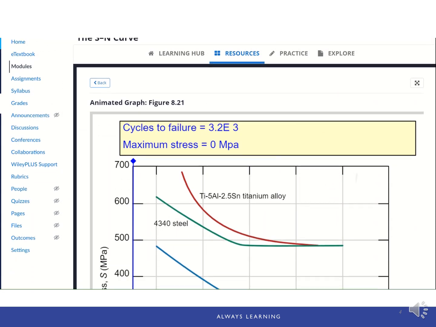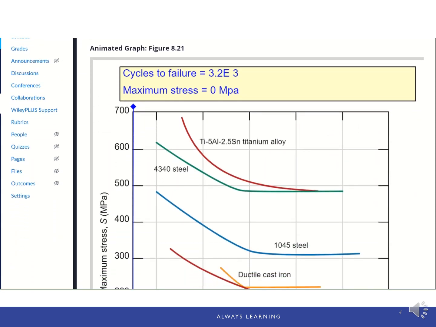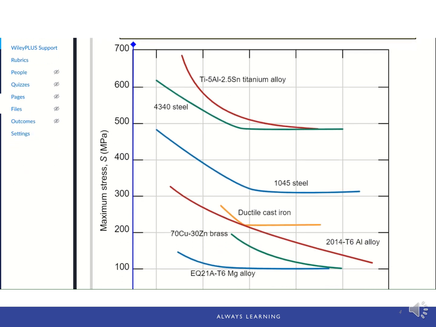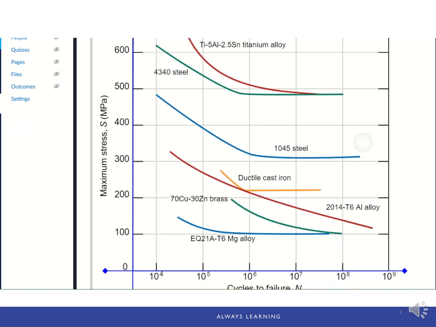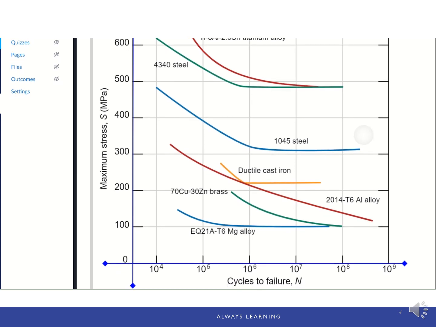Next, let's take a look at the animated graph, figure 8.21, to get familiar with the S-N curve for different materials. One thing we need to realize is the vertical axis, in this case, is the maximum stress, not the stress amplitude. It's a plot of the maximum stress versus cycles to failure. To find the fatigue life, which is the number of cycles to failure N, for a given material, we need to get the maximum stress applied to the material.